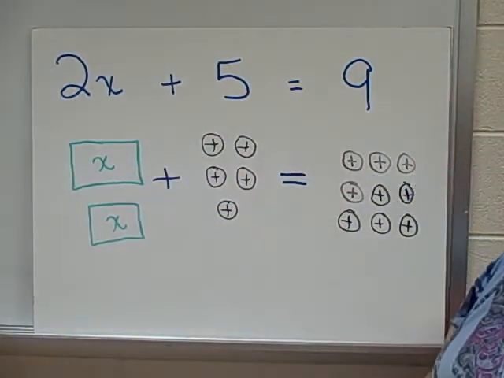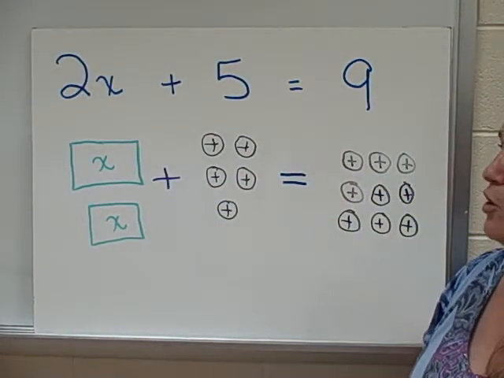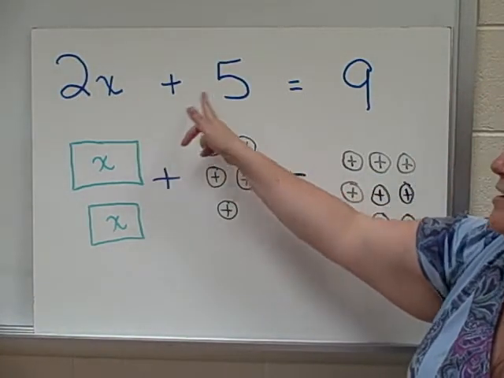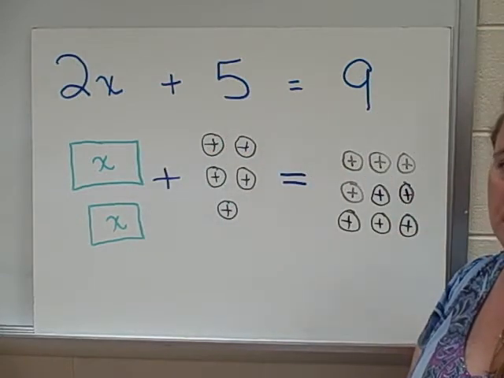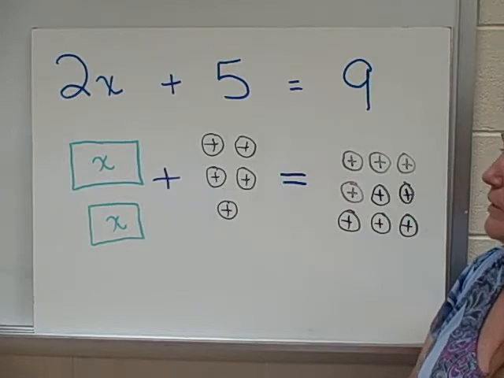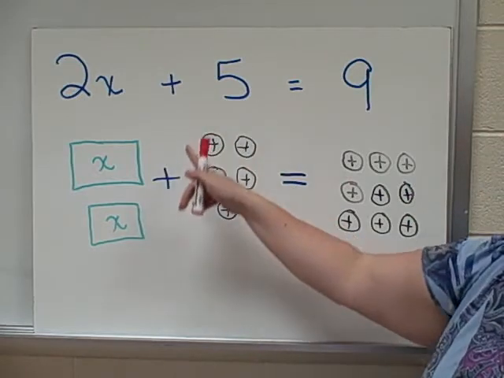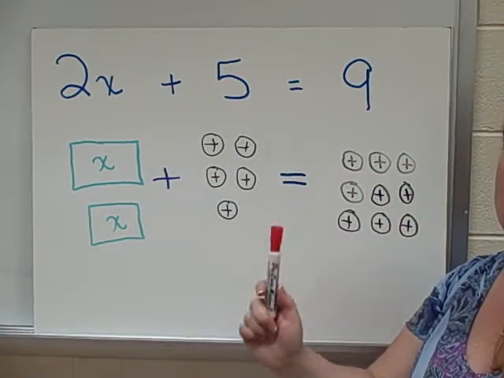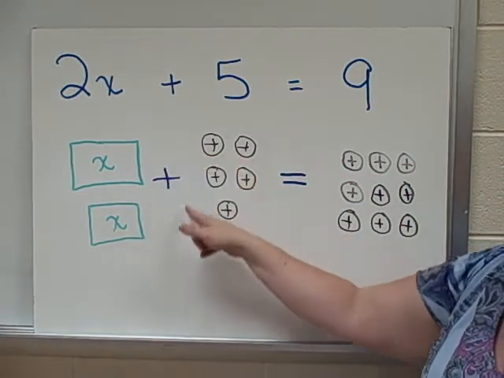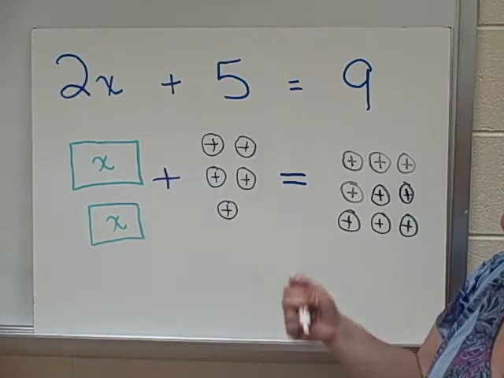Okay, this is the last way that we're going to work the same problem. 2x plus 5 equals 9. We're going back to using chips, all right? So in the chips, remember we had black chips equal positive and red chips equal negative. Well, the inverse of positive 5 is negative 5.